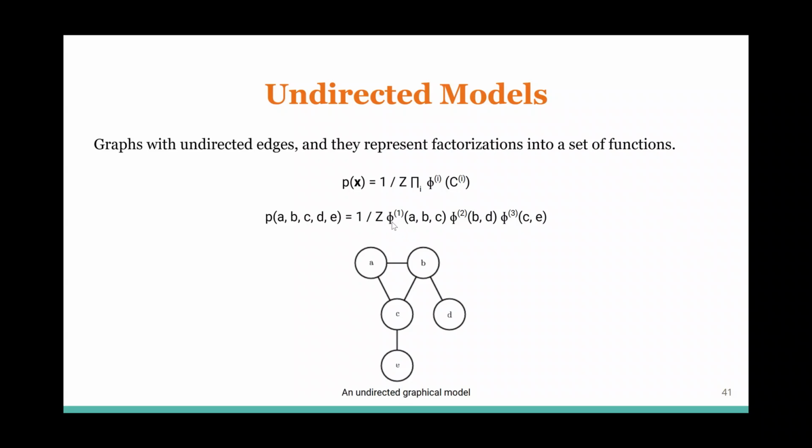So phi 1 is a factor of ABC because they are one clique. Phi 2 is a factor of BD because that's one clique, as they're connected together. And phi 3 of CE is another factor. And 1 over Z is just a normalizing constant.